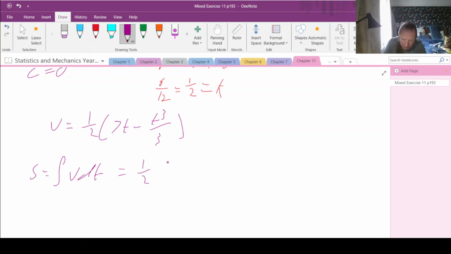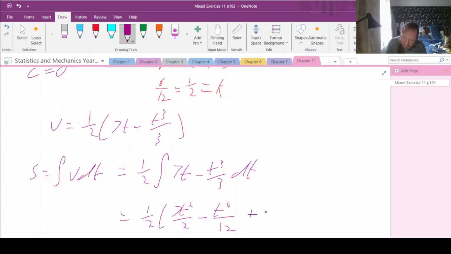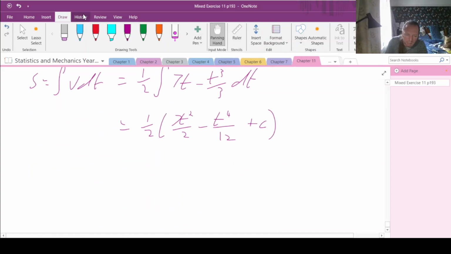I'm going to take the half out straight away: the integral of 7t minus t cubed over 3 dt. That's going to give me a half times 7t squared over 2 minus t to the 4 over 3 times 4, which is 12, plus c, and that's equal to my distance.